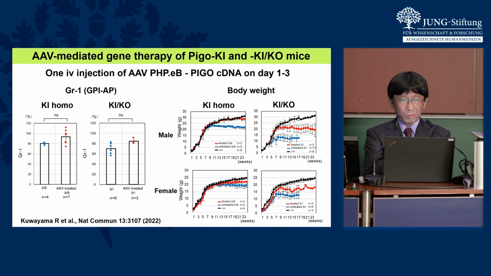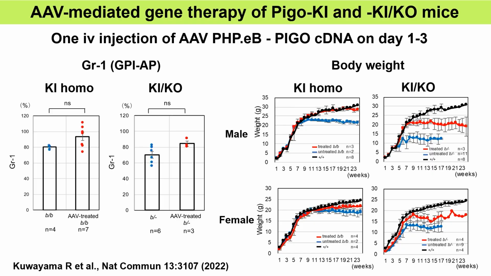Then we intravenously injected AAV vector bearing the human PIG-O cDNA into the newborn mice. And this AAV vector has very efficient blood-brain barrier penetration in C57 Black 6 mice.